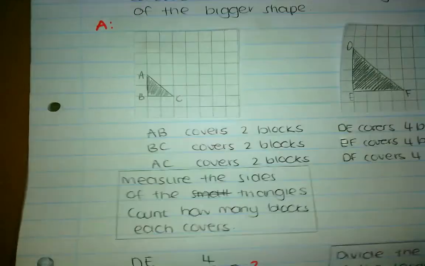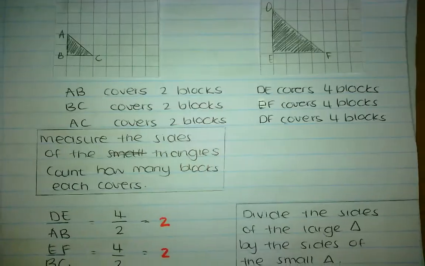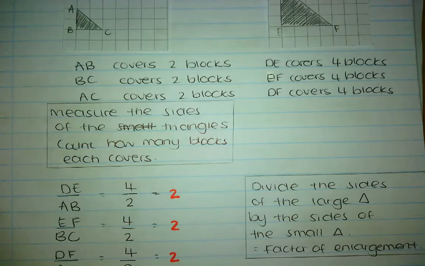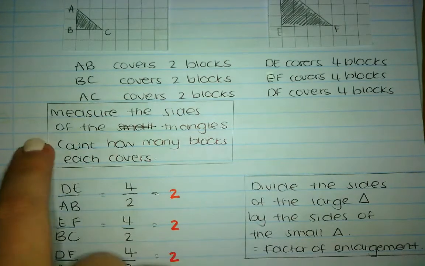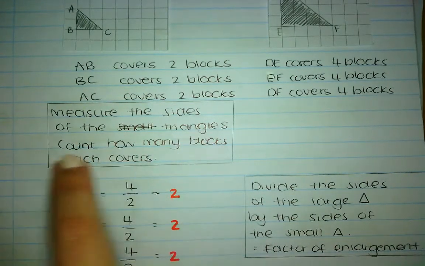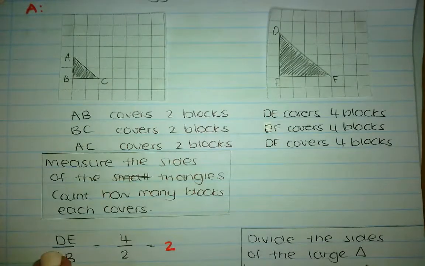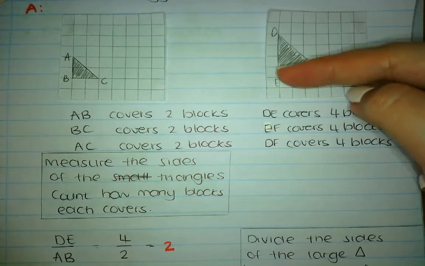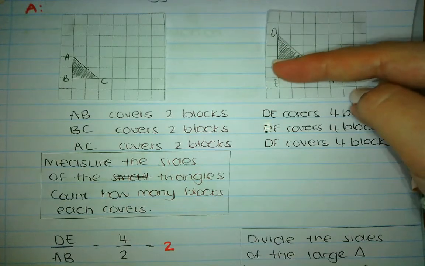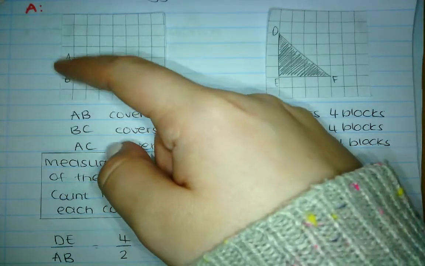And you can just write the same thing here. Instead of rewriting everything, you can actually just say measure the sides of the triangles and count how many blocks each covers. So what's going to happen now is you're going to take DE, so this line here, so take DE and divide it by AB.